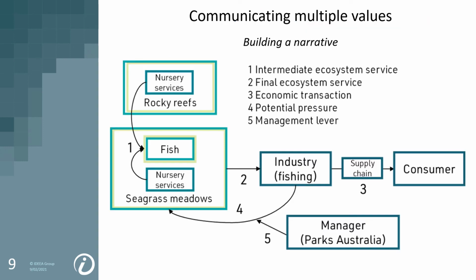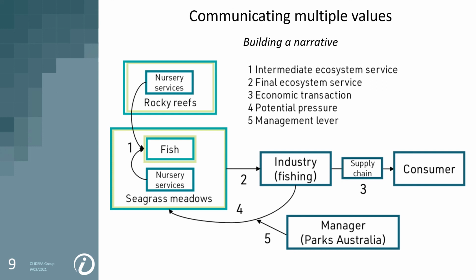One of the key challenges of the project, and particularly for Parks Victoria, is communicating or creating a narrative around the multiple values that the marine resources provide. You can see here that we've coloured the boxes slightly differently, and there's a key within the larger document which describes the managers, the ecosystem assets, conditions and services.